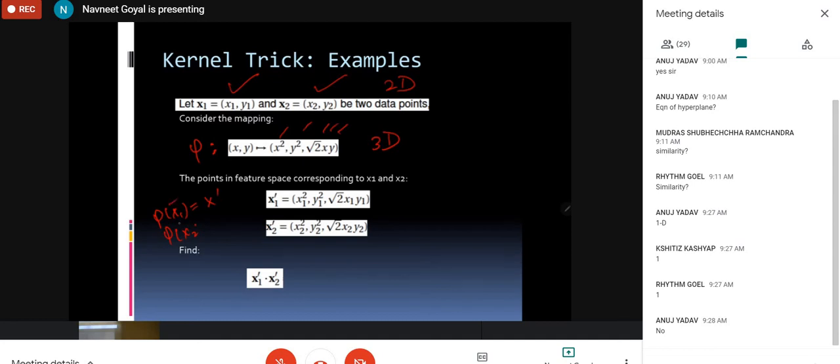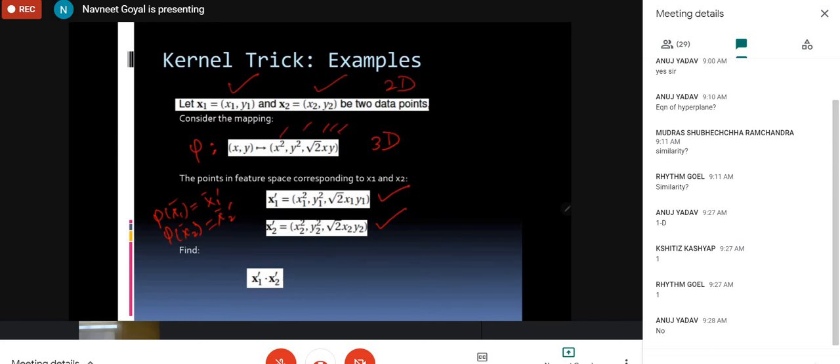I'll use a kind of vector notation: x1 dash, x2 dash. If I apply the transformation that is given to me, x1 dash would be x1 squared, y1 squared, and root 2 x1 y1. And then x2 dash would be x2 squared, y2 squared, and root 2 x2 y2.